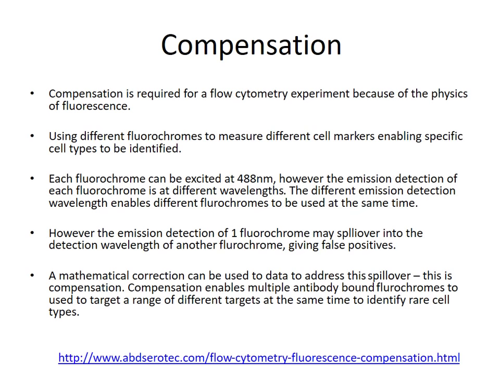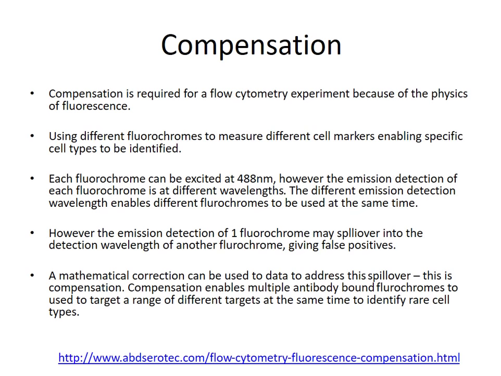However, the emission detection of each fluorochrome is different, emitted at different wavelengths. And that's the concept. The laser stimulates the fluorochrome and it emits a wavelength. And the fact that different fluorochromes emit light at different wavelengths enables us to distinguish between them.